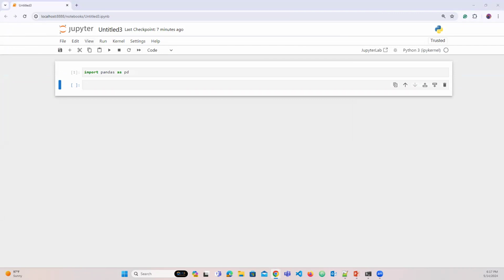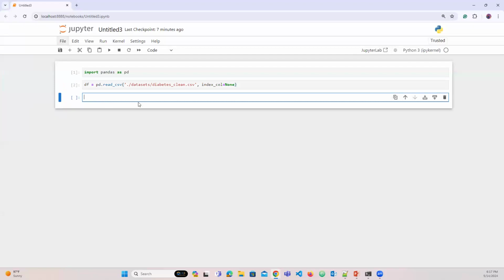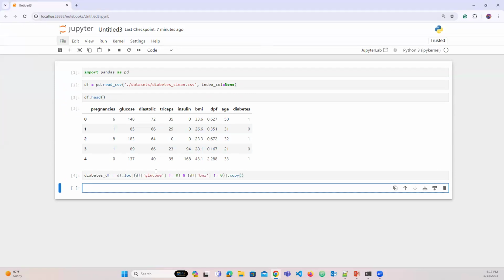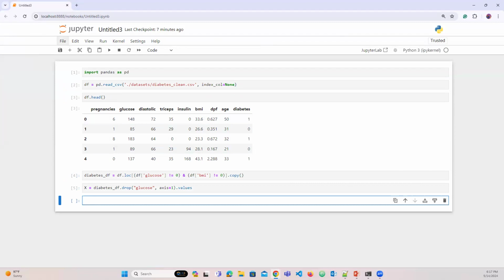Then I import the pandas data frame. I'm using head to see what the values are. This time I'm taking all the values. So wherever there are zeros in glucose and BMI, I'm removing those values, and I'm taking X as all the values. Earlier I picked BMI as the X value, but now I'm taking all the values.